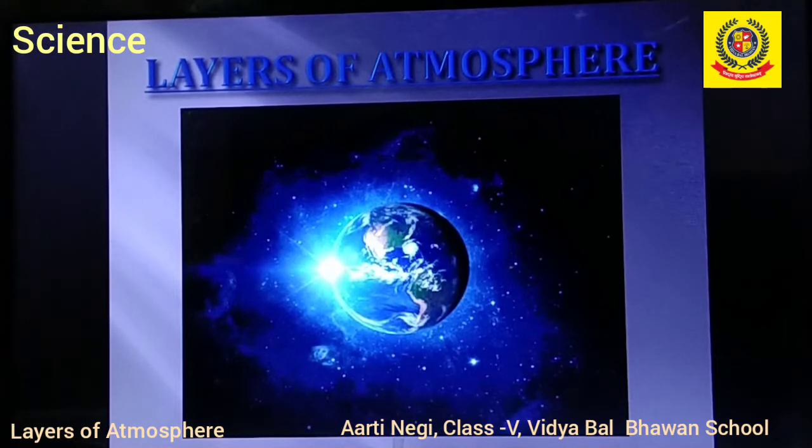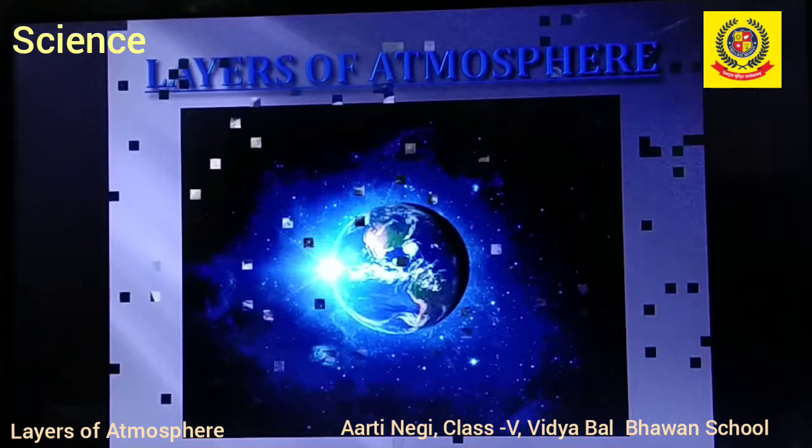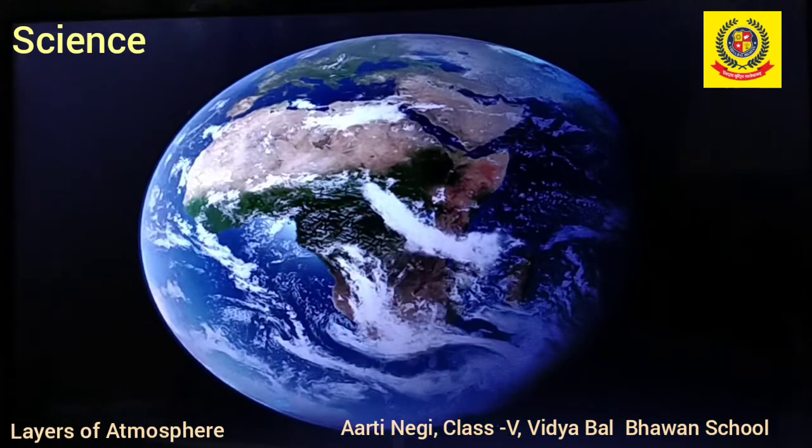Students, let's start our today's topic, the different layers of atmosphere. As you know, our earth, that you can see here in this picture, a beautiful blue planet, is covered by a layer of atmosphere all the time.